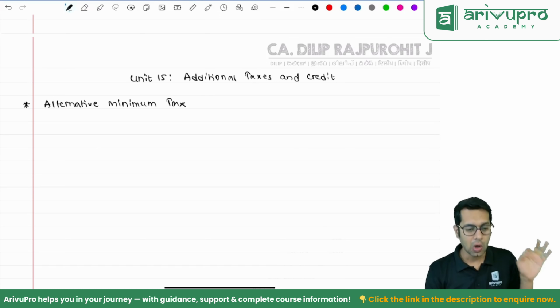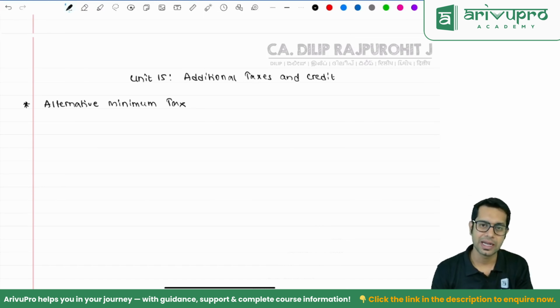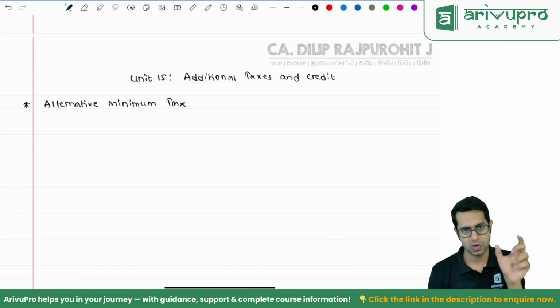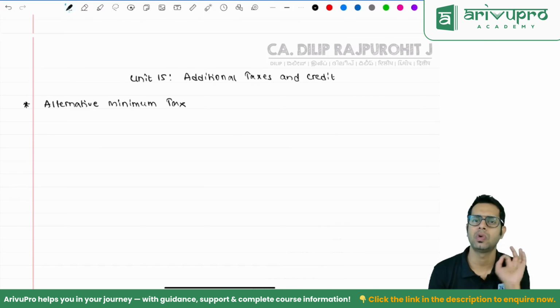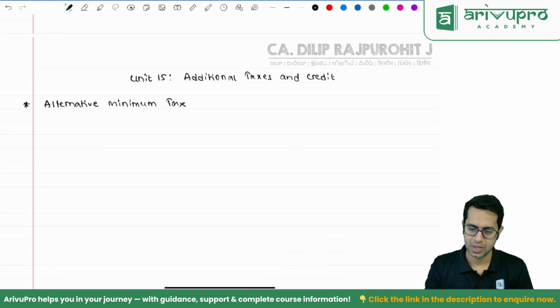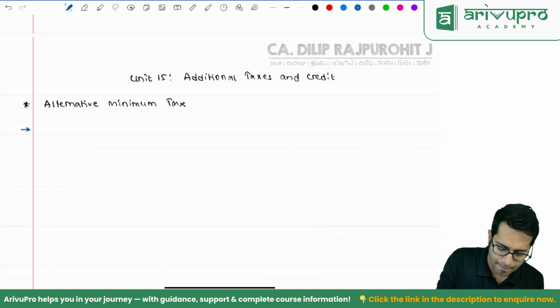If you are not liable to pay any normal taxes, then there is an alternate minimum amount of tax which you have to pay. To whom it is applicable and why, we'll see one by one.